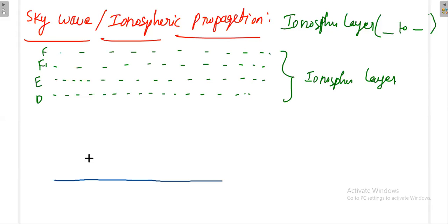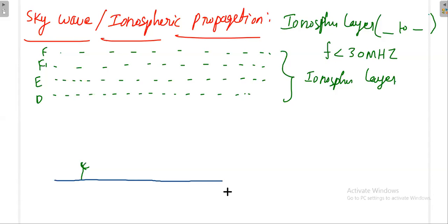Now, suppose you are using some transmitter. What is the frequency of ionospheric propagation? The frequency is greater than 3 megahertz and less than 30 megahertz.